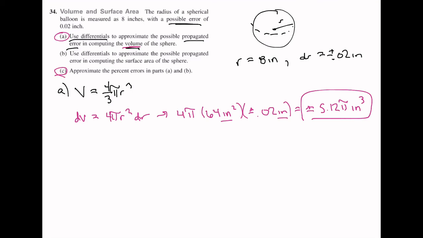We're going to get to percent error in a little bit, but let me go to the next page first to tackle the surface area. Alright, so we just need a surface area formula. It happens to be the same as the derivative of volume. Alright, now let's use differentials.